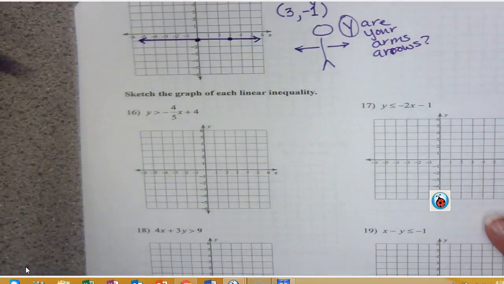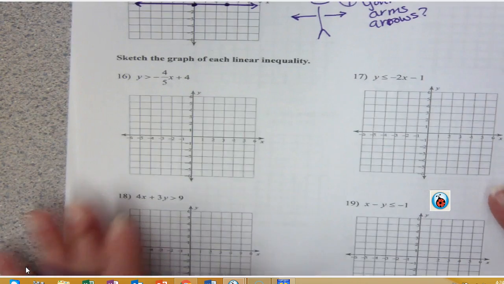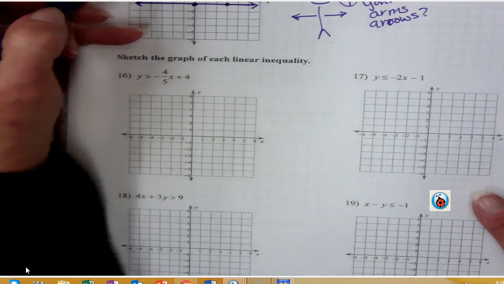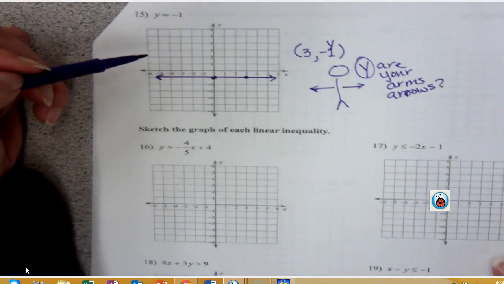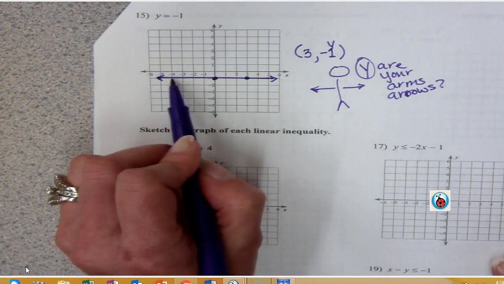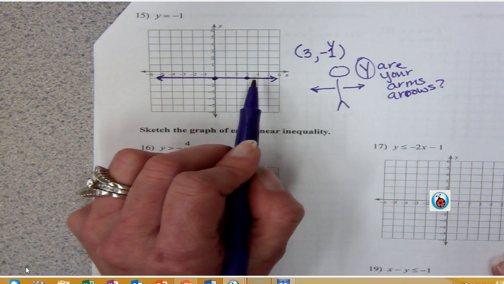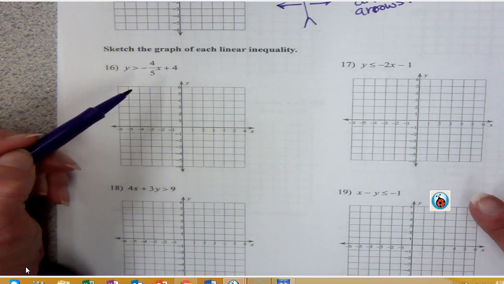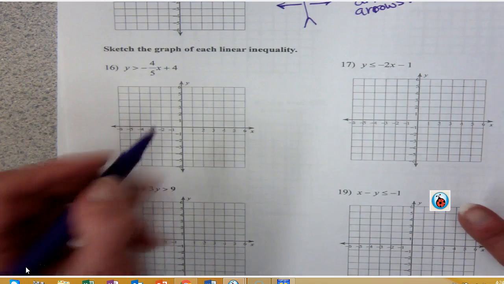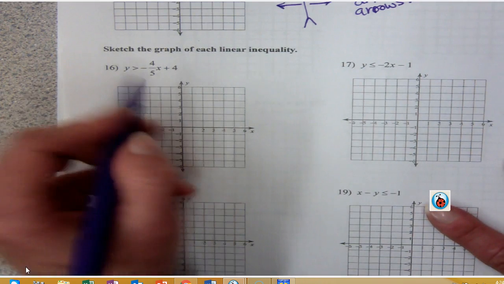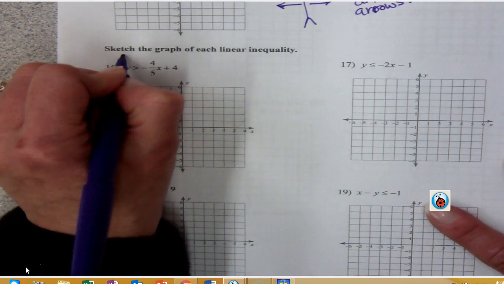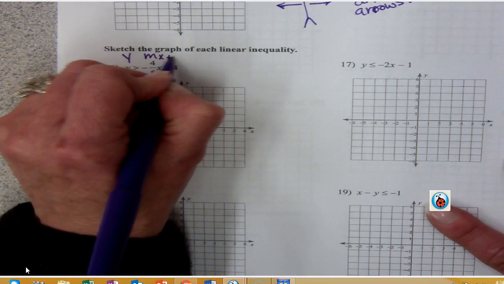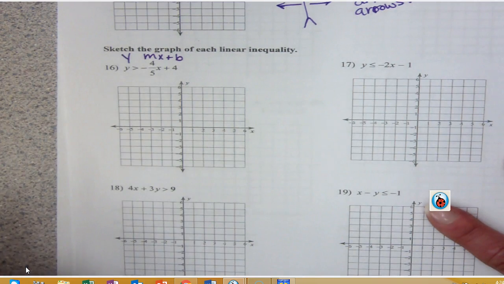Alright. Moving on. Sketch this graph. Now we don't have an equal sign. Before, we had equal signs, so we didn't need to do any shading because y only equaled the points that are on that line. Now we have a greater than, which means we need to shade. This is the same as y, this is our m, we've got our x, and then we've got our y-intercept.